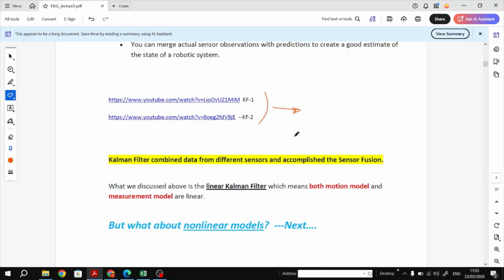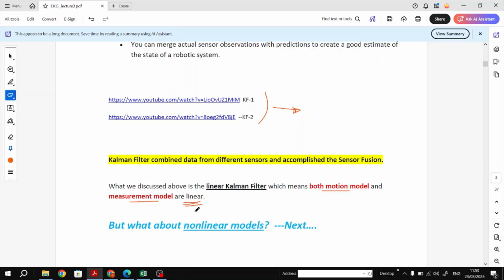So this linear Kalman filter is good, or optimal, when both the motion model and measurement model are linear. But if any of these models, the motion model or measurement model, has a nonlinearity, then the linear Kalman filter does not produce the optimal solution.